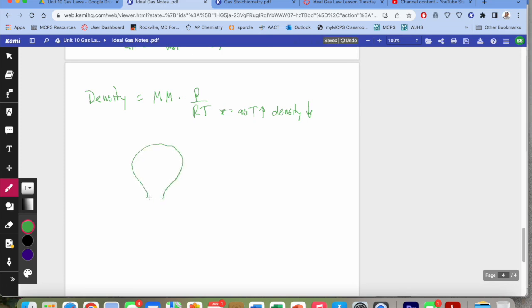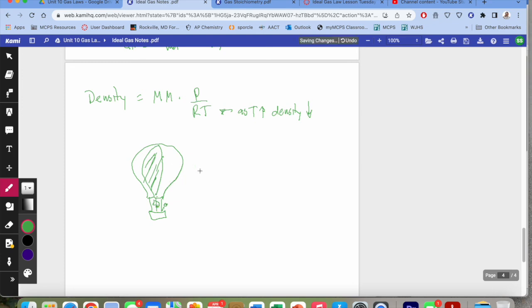And that's useful if we have something, say, like a hot air balloon, right? If you're in your hot air balloon going out to see the world, right? You want to be able to heat the air in the balloon, right? So you have a little flame under here, right? And it heats the air, right?